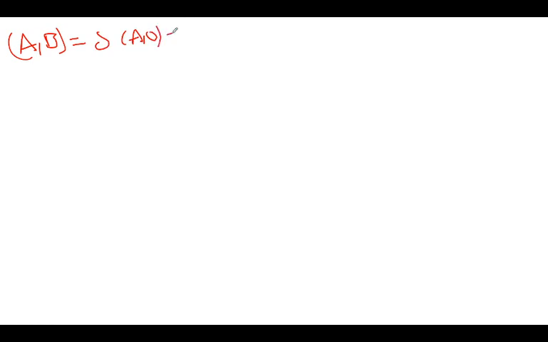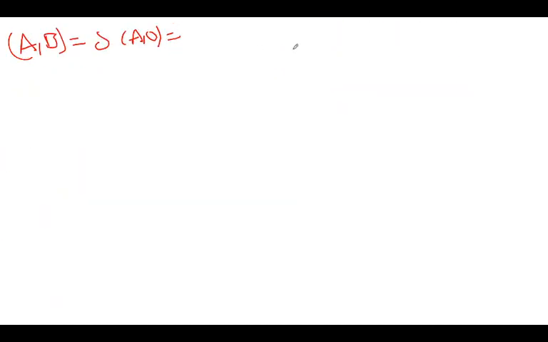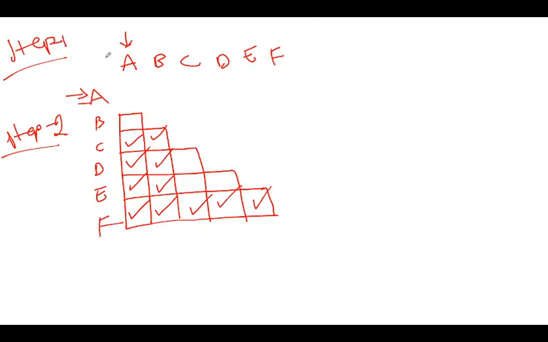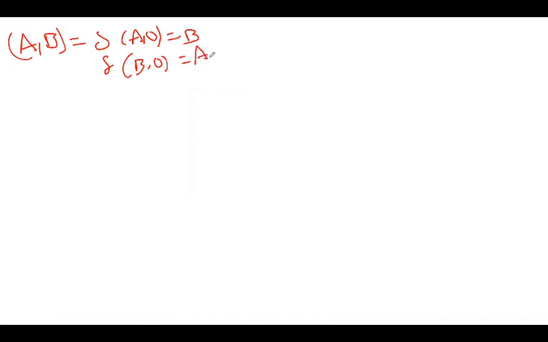A comma 0 goes to B only. Transition of B comma 0 goes to A only.